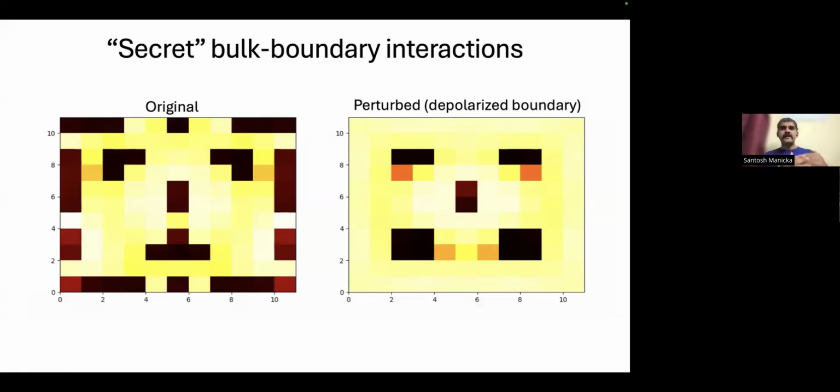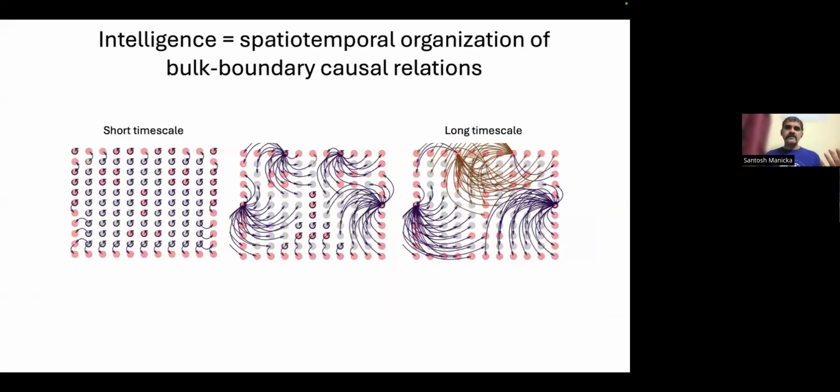That's because the electric field has these long-range interactions. So in this model, the intelligence, so to speak, is basically this self-organized bulk-boundary interaction. And again, when we do this causal network analysis, you will see some patterns emerge. At a short time scale, you see these causal patterns limited to local regions. But then at longer time scales, you see some new patterns emerge. For example, the eye features over here are controlled by cells in the boundary.